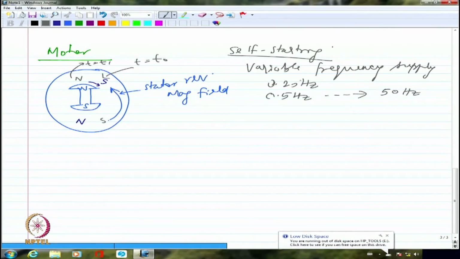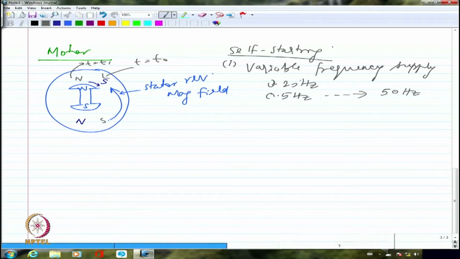So the rotor works exactly at synchronous speed or does not work at all. That is the way it is going to function. The synchronous motor will run at synchronous speed or will not run at all at any other speed. That is the reason why it is called the synchronous motor, because it is going to run only at synchronous speed. It is exactly opposite of the induction machine. Induction machine cannot run at synchronous speed. It has to always run at a speed which is less than synchronous speed. So this is one of the methods of starting the synchronous motor.